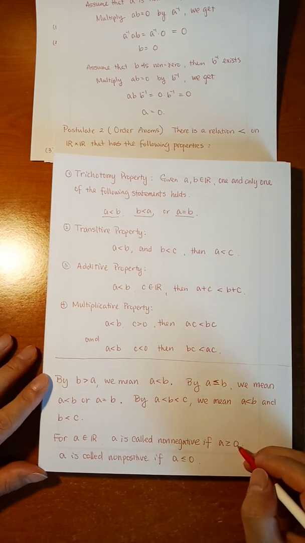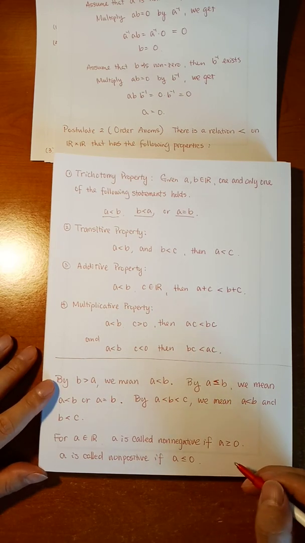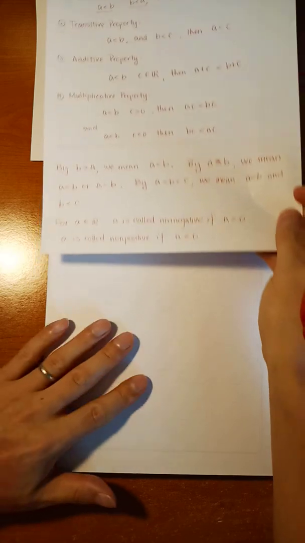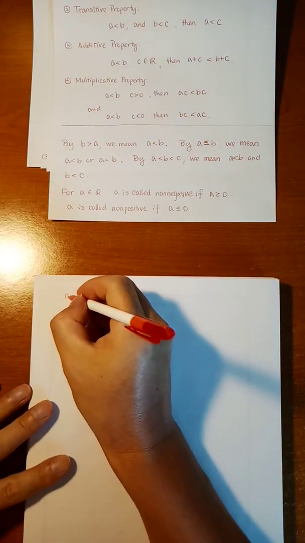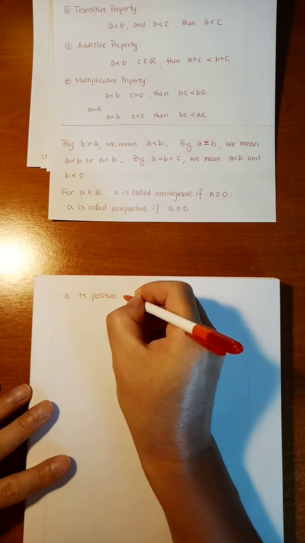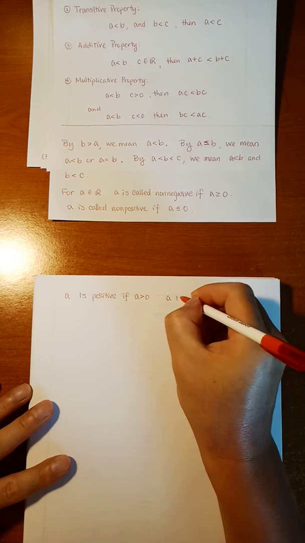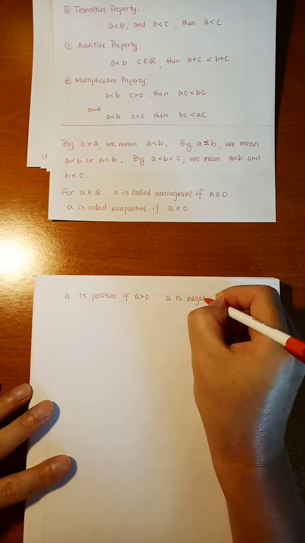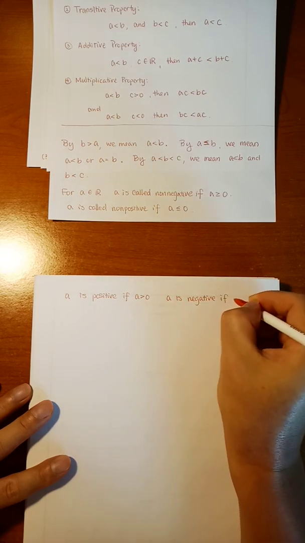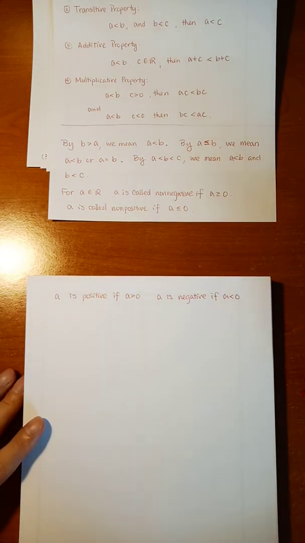Non-negative: greater than or equal to 0. Non-positive: less than or equal to 0. Positive if A is strictly greater than 0. Negative if A is less than 0. Okay?